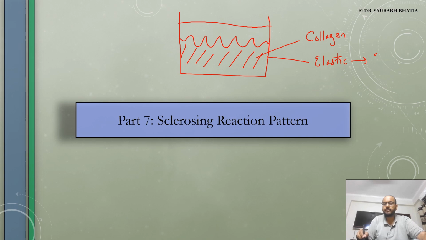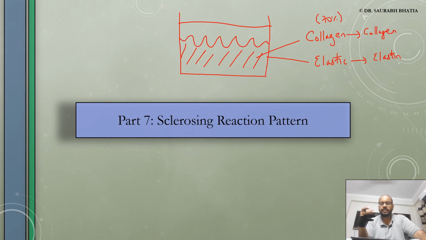Elastic fibers are made up of elastin proteins, and collagen fibers are made up of collagen proteins. Remember that collagen is the major fiber. About 70% of the dermis is made up of collagen, and the rest is other structural components, including elastin.